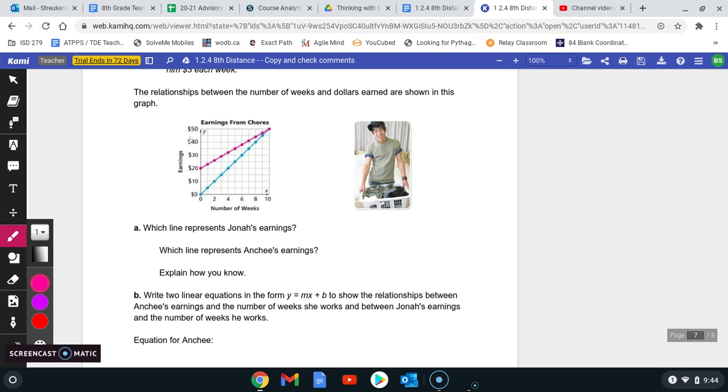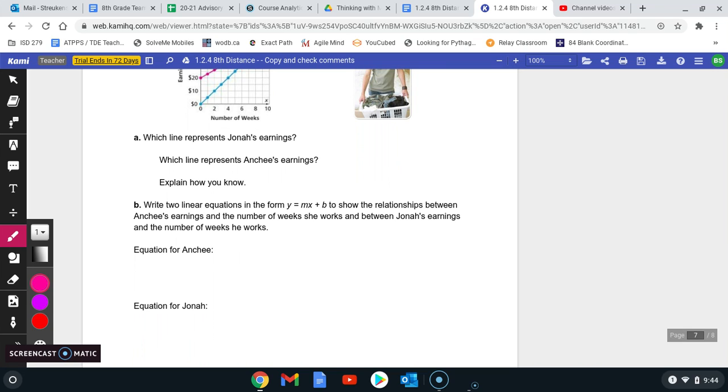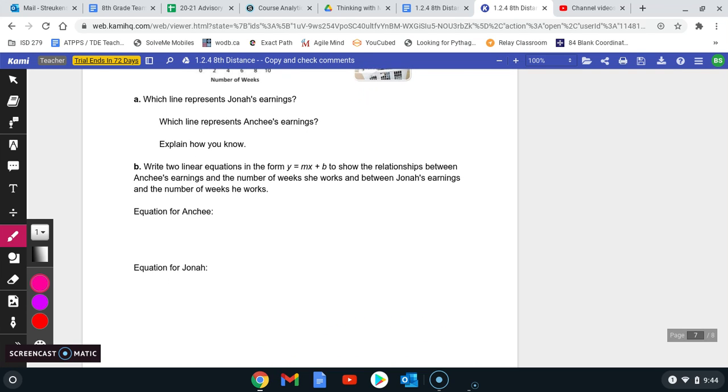So based on the graph, which lines represent which one's allowances? Then B, write two linear equations in the form y equals mx plus b to show the relationships between Anchi's earnings and the number of weeks she works, and between Jonah's earnings and the number of weeks he works.